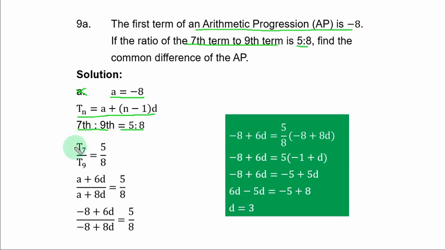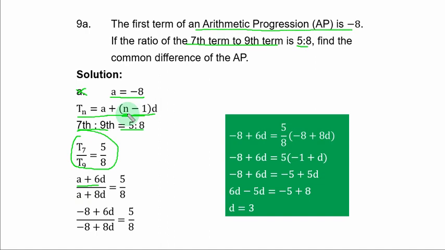So you have t sub 7, the 7th term, over the 9th term equal to 5/8. In an AP, at the 7th term, n is 7. If you put 7 here, you have 6d. That is a plus 6d as the 7th term. For the 9th term, if you put 9 in place of n, you have 9 minus 1, that is 8d.